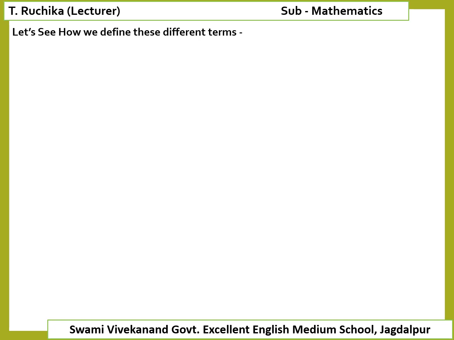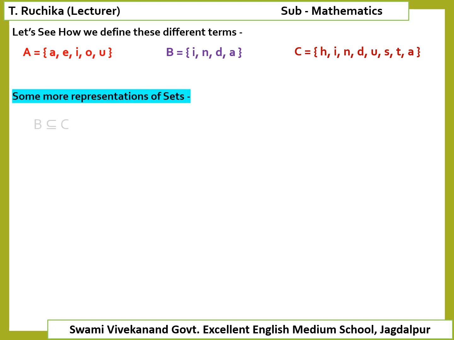Now, let us define the terms subset, proper subset, set of sets and power set. We are taking the example A equals A, E, I, O, U, B equals I, N, D, A, and C equals H, I, N, D, U, S, T, A, as we have taken in the previous example. B is a subset of C. Like this we write B is a subset of C, using this symbol.